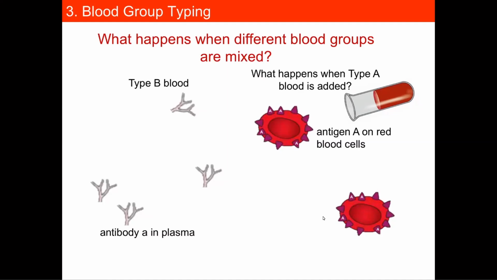Our type B blood has antibody A in the plasma, and your type A blood has antigen A. So what will happen is antibody A will bind to this antigen A.